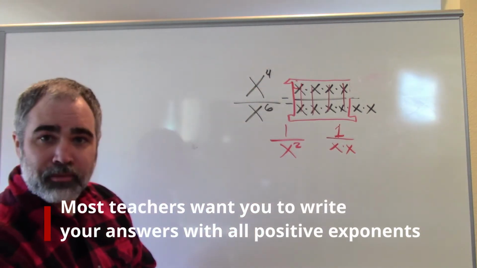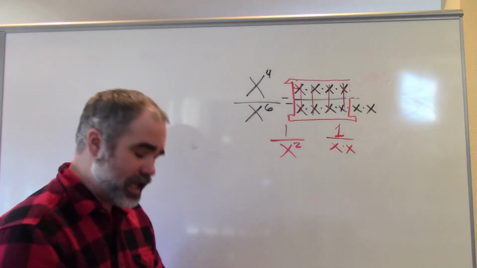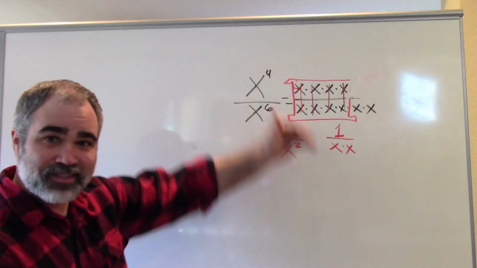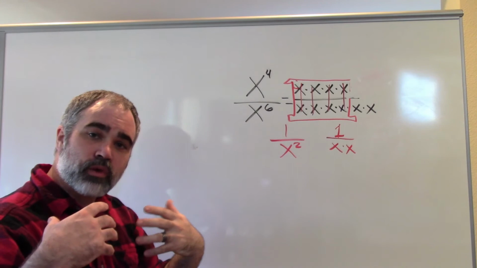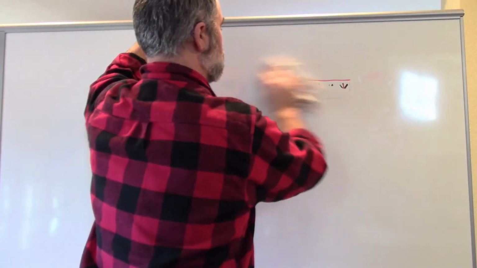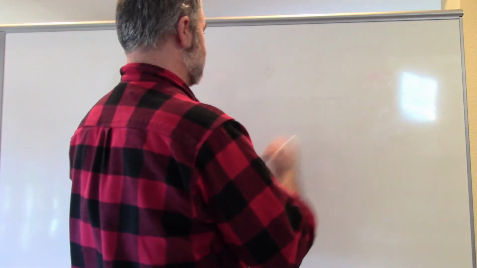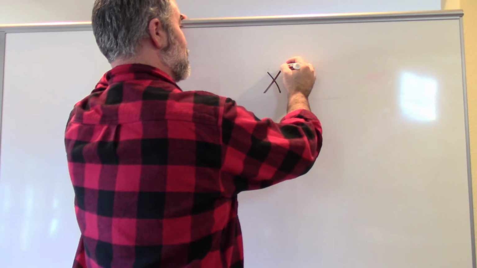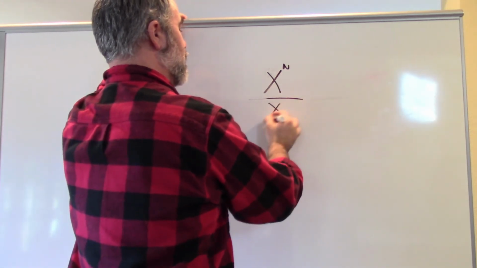So let's see if we can come up with a shortcut. In both cases, I've canceled a bunch of stuff out when I'm removing exponents, if you will. So the shortcut here is x to the n over x to the m.